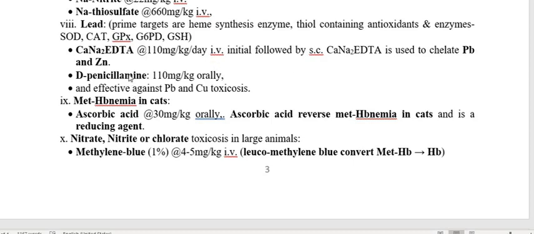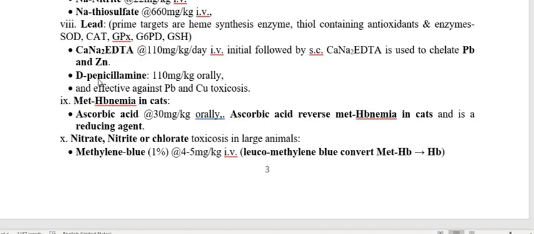Then D-penicillamine we also have to use for the therapy, because D-penicillamine is an antidote which possesses a thiol group in the structure, that is the SH group, and various toxic heavy metals have the property to bind with the sulfhydryl group.